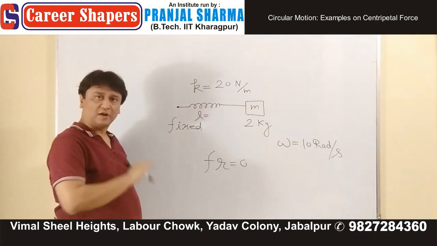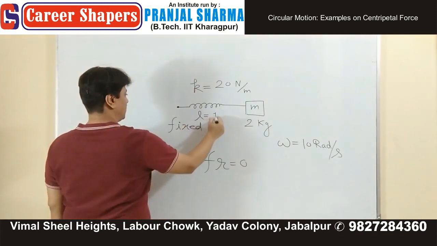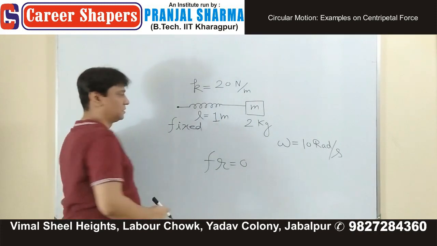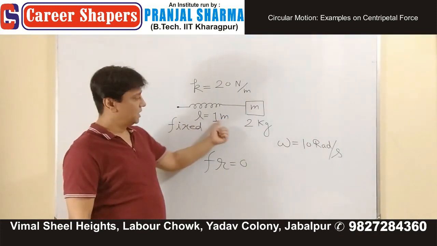Undeformed length, natural length is 1 meter. When there is no deformation, system is at rest. Length of the spring is what?